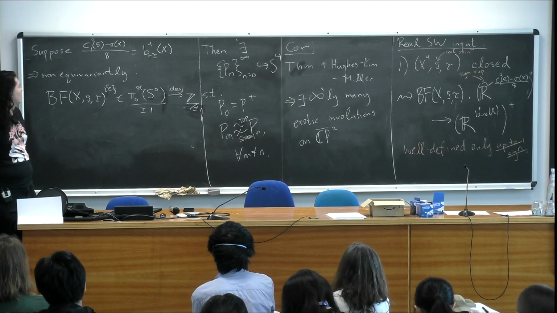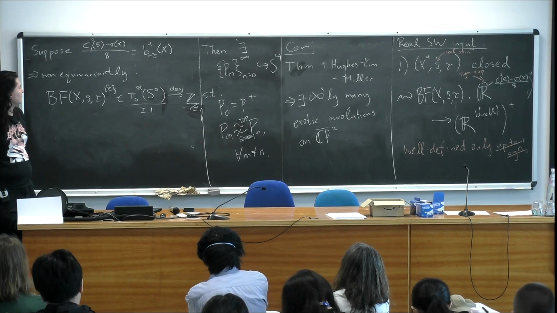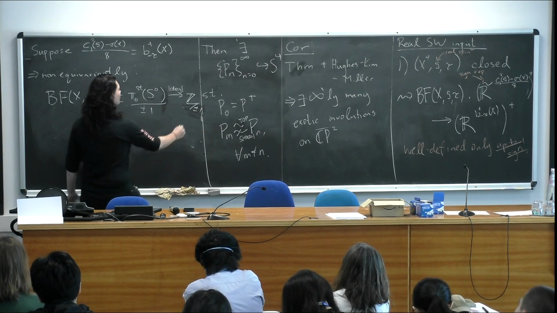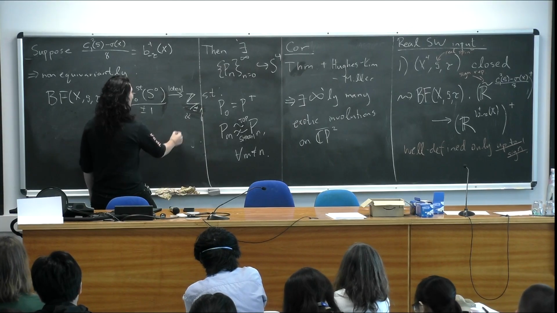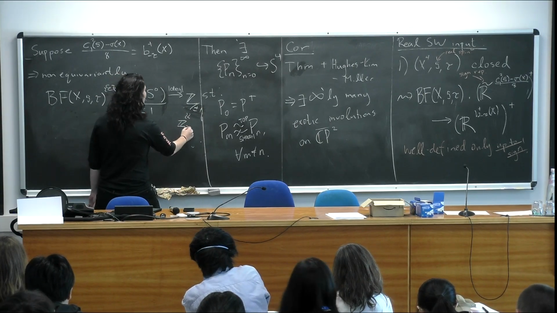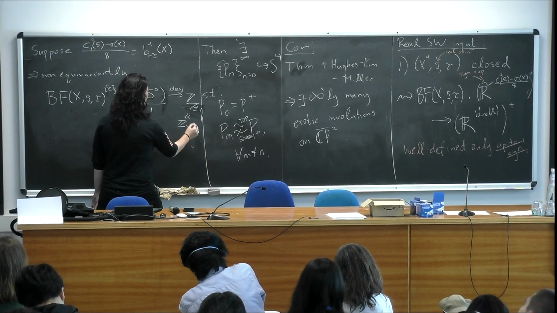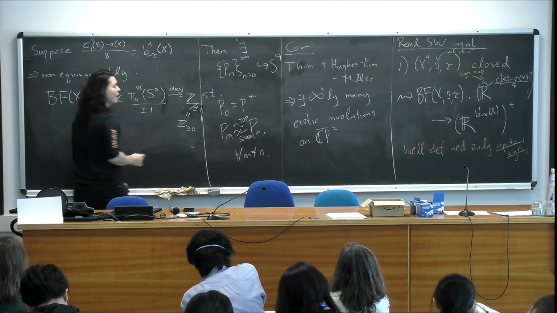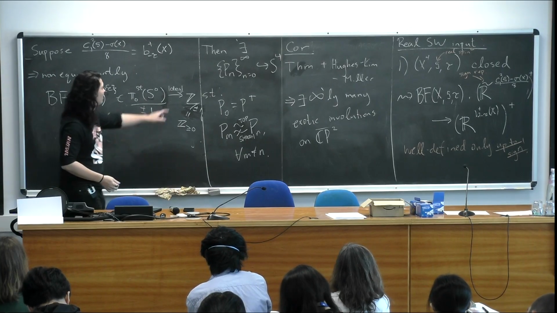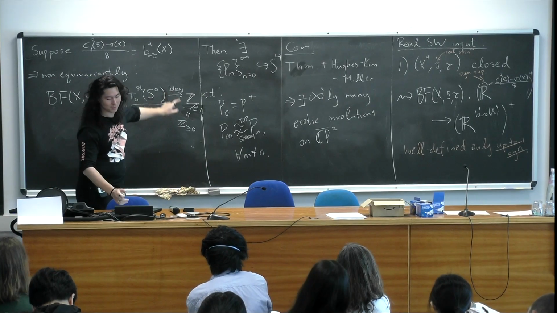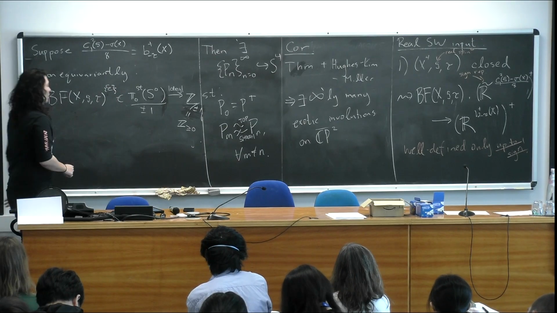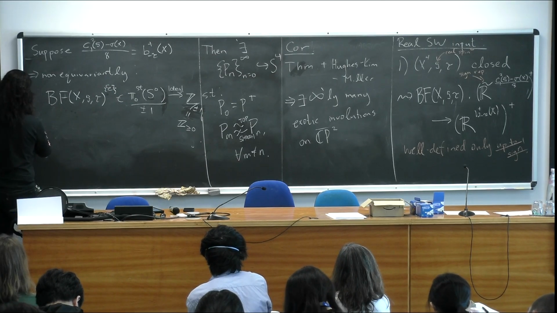So I get a map from here to here. This is maybe bad notation, but I'll just take the positive part. So maybe I'll identify this with non-negative integers, and here I'm implicitly doing that by taking the absolute value.